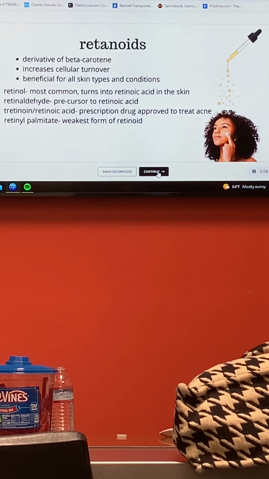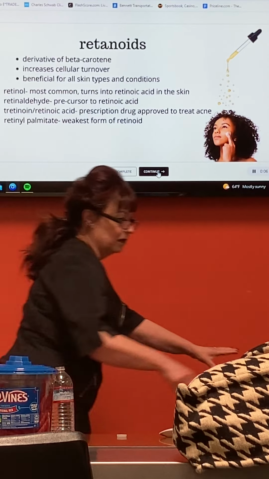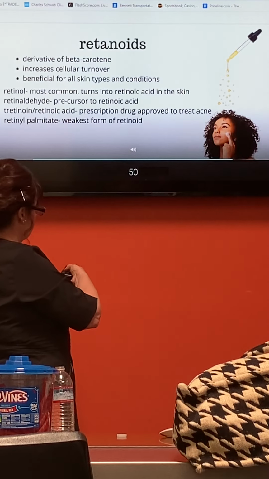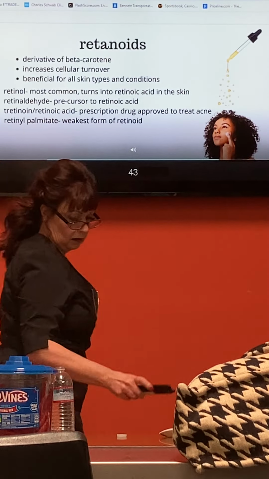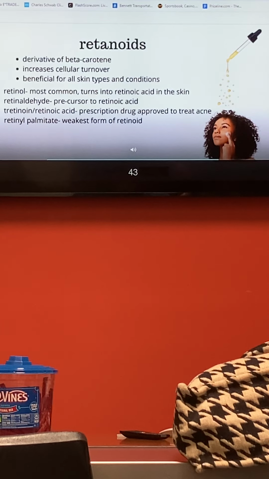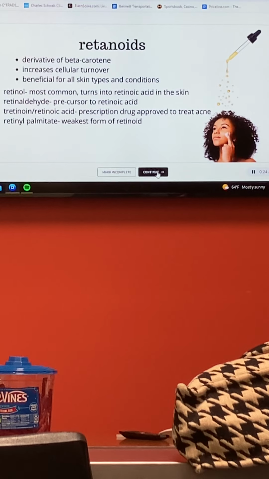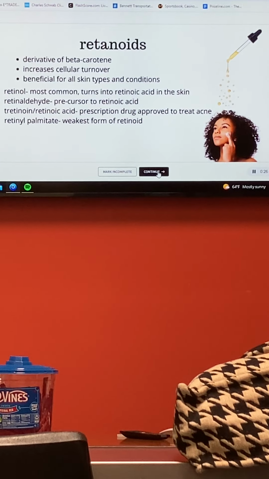Retinoids. Oh, retinoids are so much fun. They are like the gold standard of anti-aging and skincare. And they have a lot of multi-functions. They're great for just exfoliation, turning the skin cells over, photo-aging, using them for pre-treatment, acne, so many different uses for retinoids.